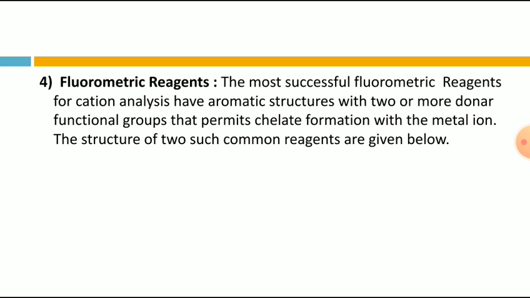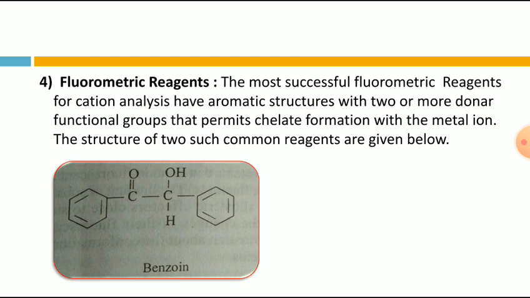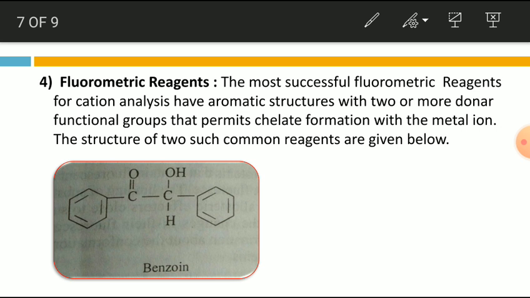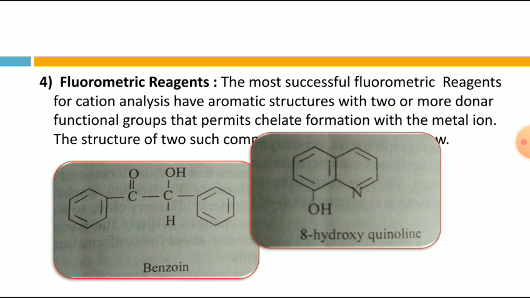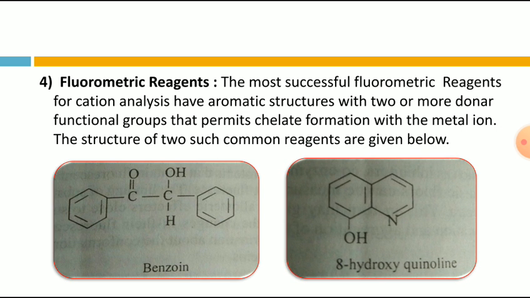Okay, what are those two example reagents? See, the first one is benzoin. In this, the aromatic ring is there. OH is the donor functional group. The carbonyl group is also there. This will be useful for chelate formation with the particular metal ion. Now the second common reagent is 8-hydroxyquinoline.